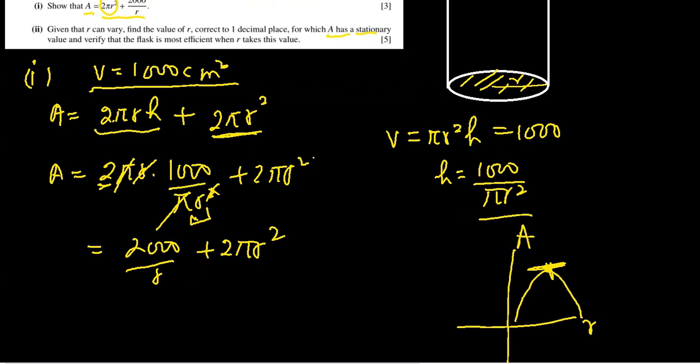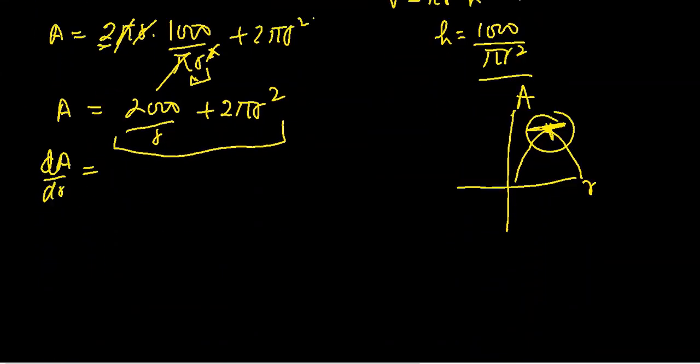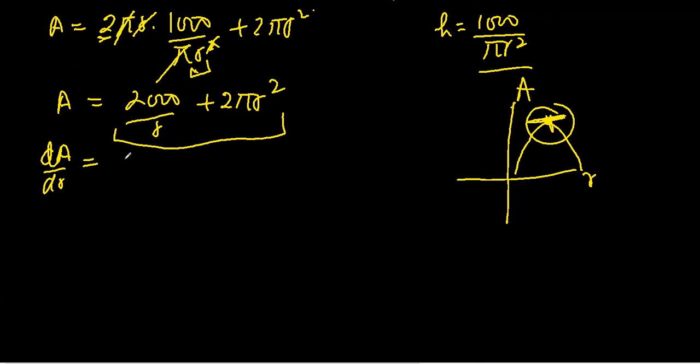So at a stationary value, dA over dr should be 0, right? So let's find dA over dr by differentiating this one. Okay, so 2000 over r will be 2000 r to the power minus 1, and I'm differentiating it, plus 2 pi r square, which I will differentiate separately.